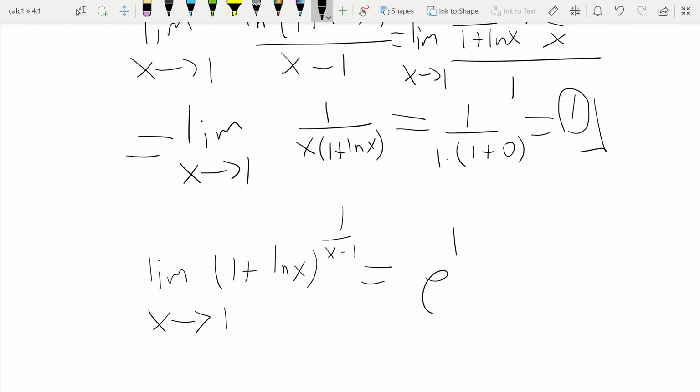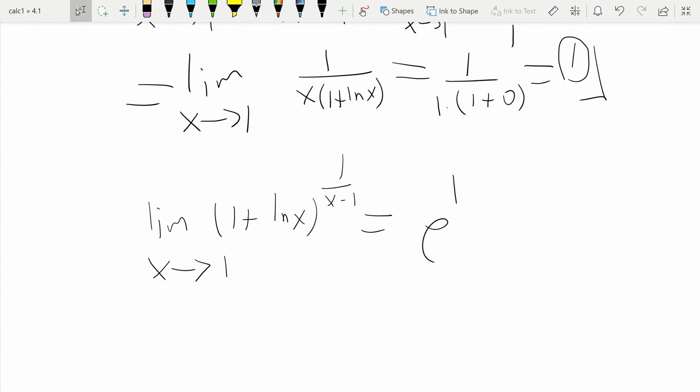The final step was just to exponentiate: e to the 1, which is just e. Okay, so this is it for this problem.